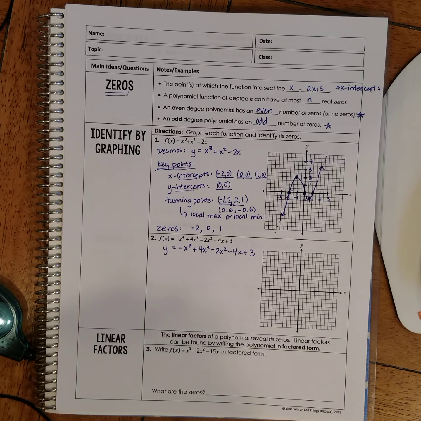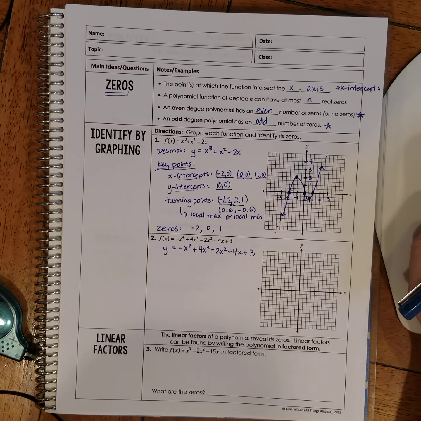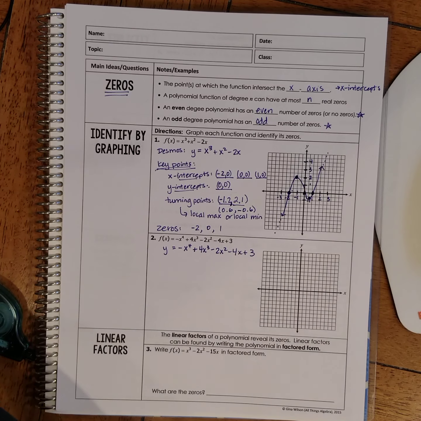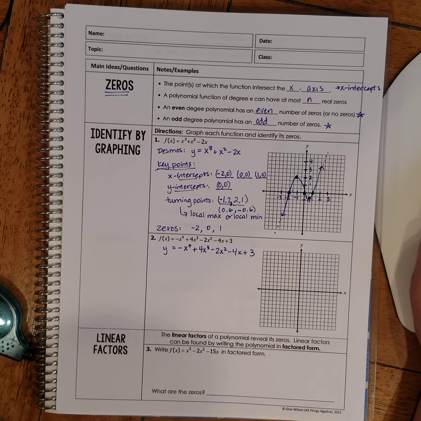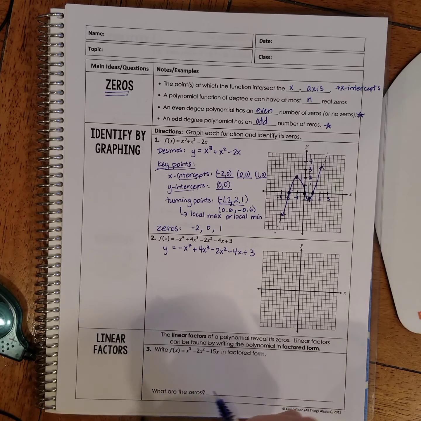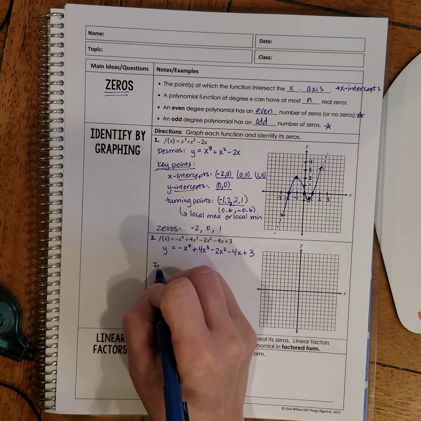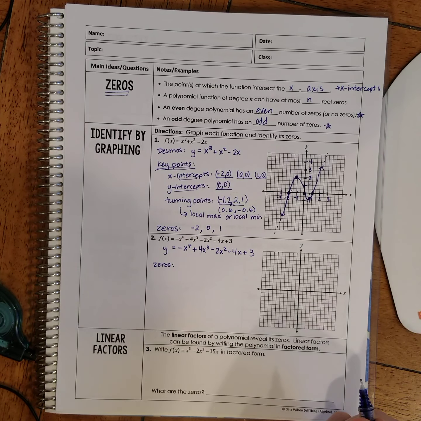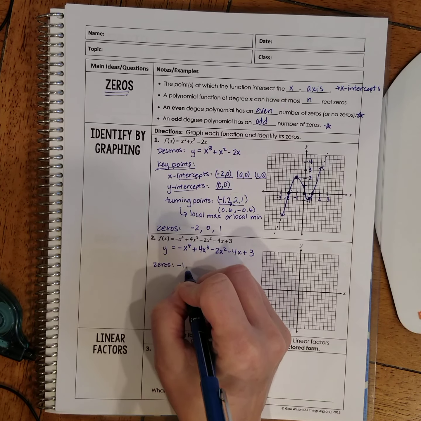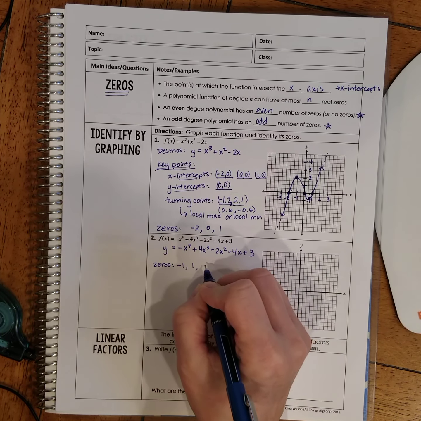Okay, and so this one, when you go to Desmos and you graph it, which I'm going to do right now, we see that our zeros, our x-intercepts, seem to be at -1 and at 1 and at 3.